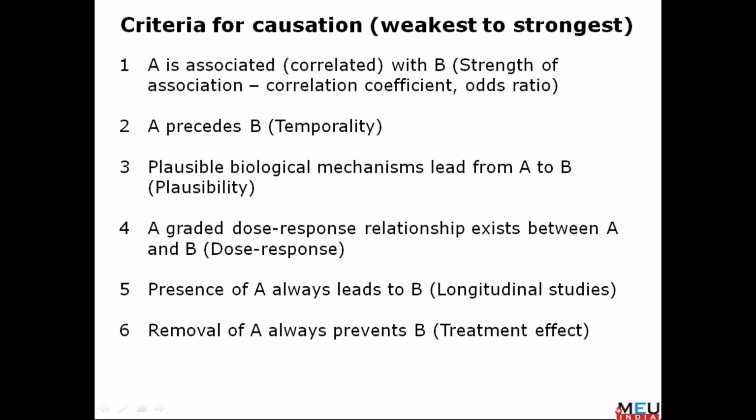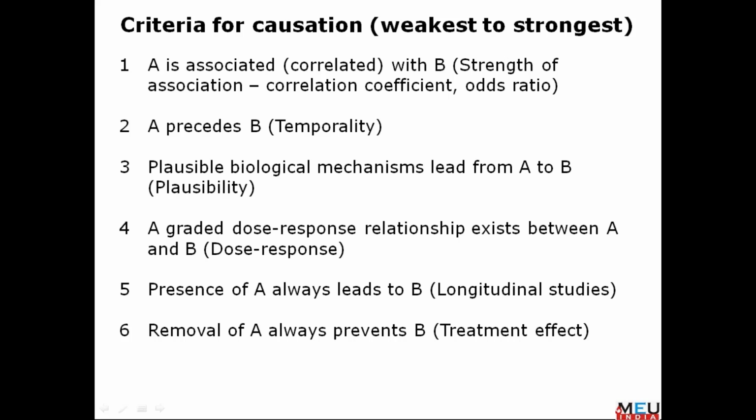If A is associated or correlated with B, what is the strength of association or correlation? What is the odds ratio? Whether A precedes B, that is temporality, or are there any biological mechanisms that lead from A to B? Plausibility. Now here again, a sequence of steps, a checklist of steps.